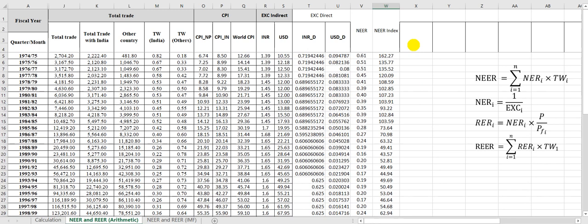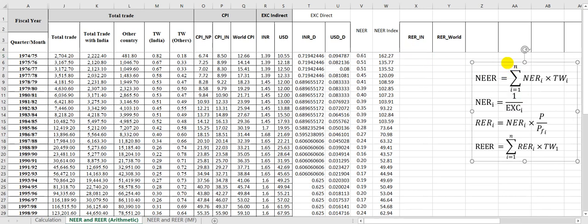So now for RER, we will simply multiply our exchange rate with the price. For RER we need the real exchange rate. Let's call it I for India. RER for the rest of the world, let's call it world.